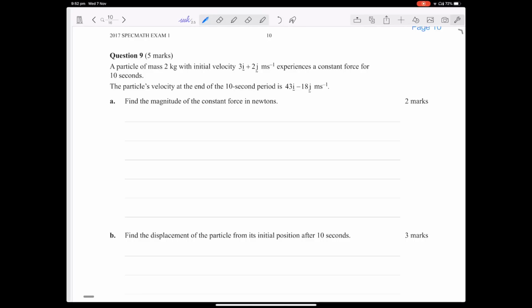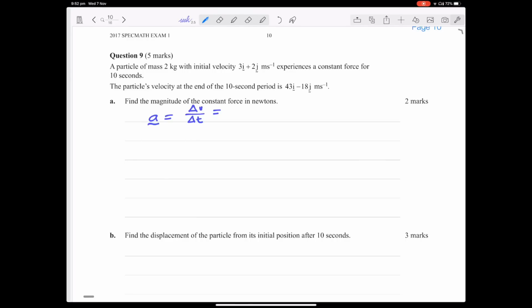A particle of mass 2 kilos with an initial velocity of 3i plus 2j experiences a constant force for 10 seconds. The particle's velocity at the end of the 10-second period is given. Find the magnitude of the constant force. So our acceleration is our change in velocity over change in time.